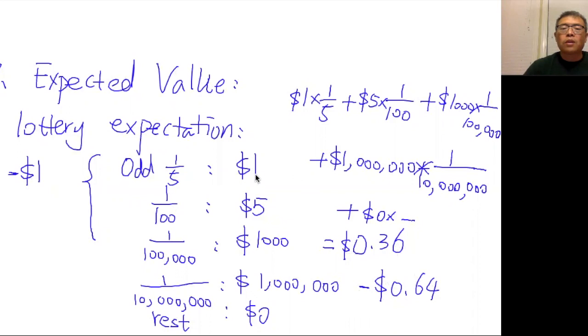Notice that this is actually in the book, example 2 in section 7C. The book used a slightly different way to calculate it, but it's essentially the same answer. But I think this way of listing all the probabilities makes more sense. So the take-home message here is, in general, it does not make sense to buy a lottery ticket, because in general you have a negative average return.